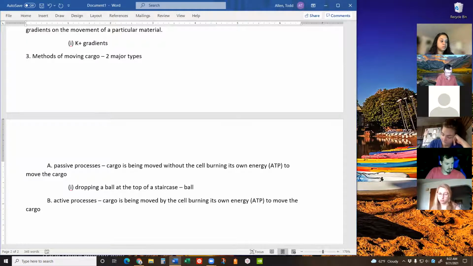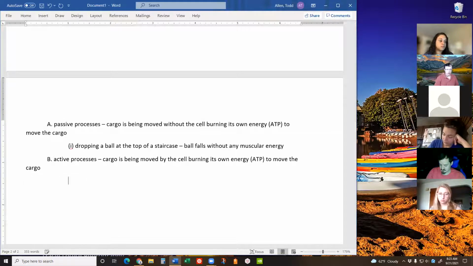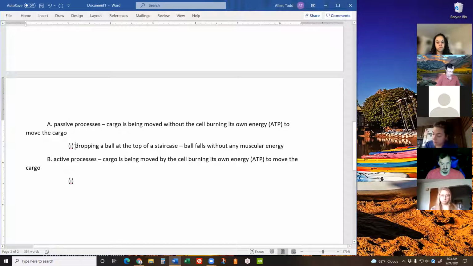The ball falls without any muscular energy involved. If we reverse our position, if we are at the bottom of a staircase and holding that ball, and we want the ball to go up to the second floor, aren't we going to have to throw the ball, which is going to imply muscle contraction, which is going to involve the burning of biochemical fuel to contract the muscles to coordinate the motion of the ball up the stairs? That would be an active process.